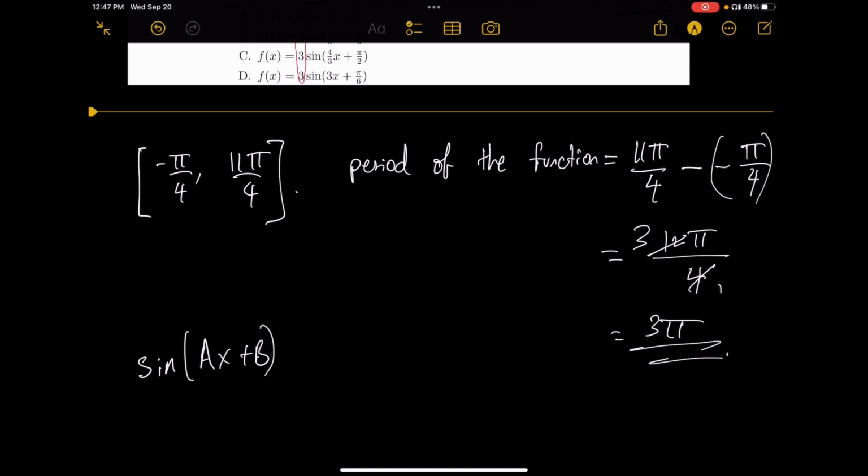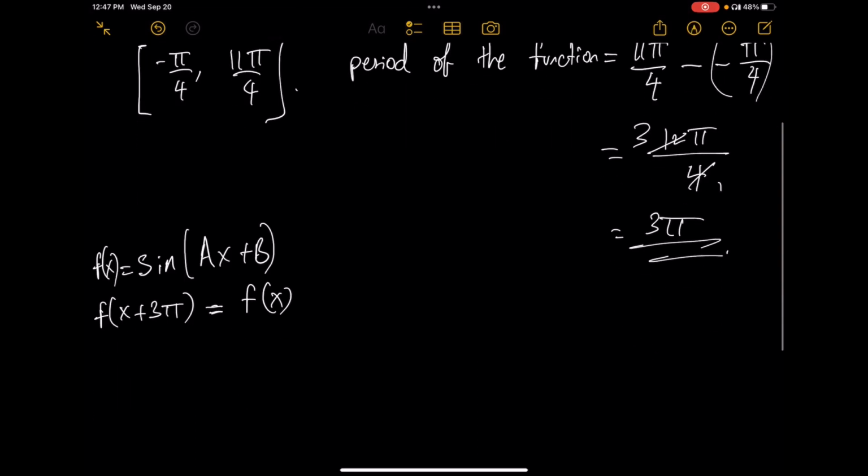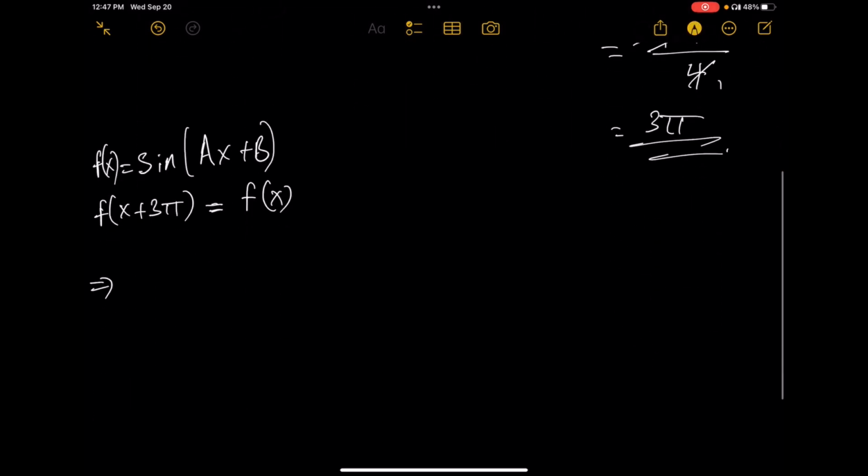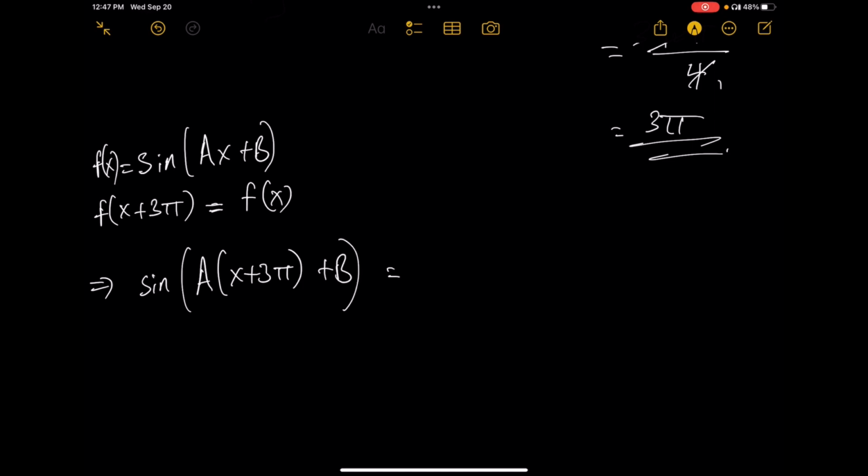plus b. For this function to have period 3 pi, if I call it f of x, period 3 pi means f of x plus 3 pi equals f of x. f of x plus 3 pi would be sin of a times (x plus 3 pi) plus b, equals sin of ax plus b.